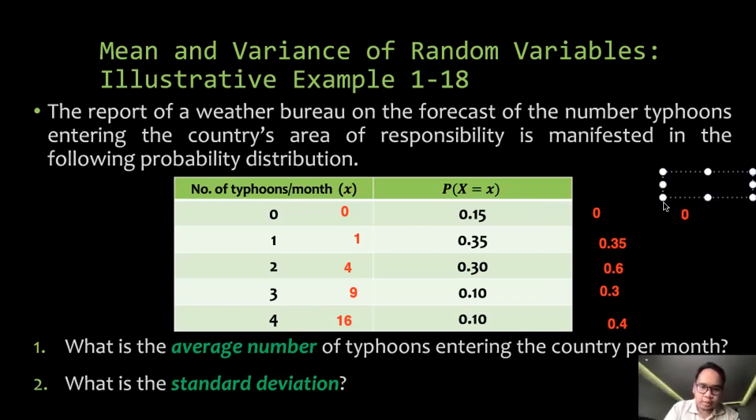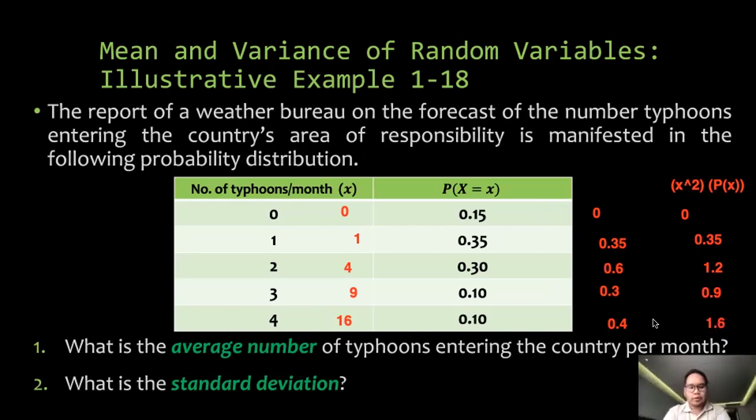Remember, this is x squared times p of x. So 1 times 0.35 is 0.35. 0.3 times 4 gives us 1.2. 9 times 0.1 is 0.9. 16 times 0.1 is 1.6.